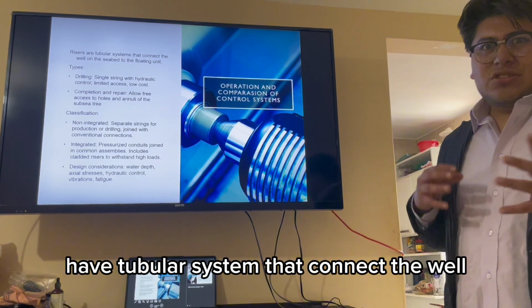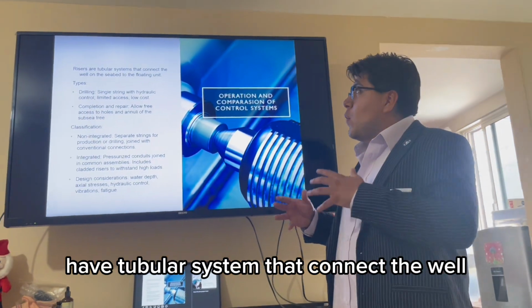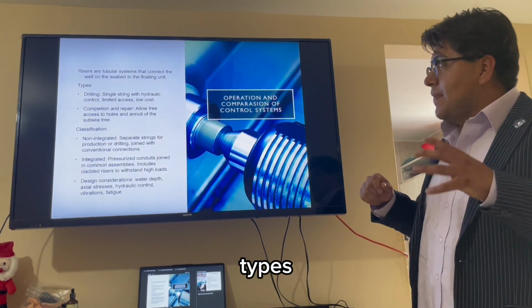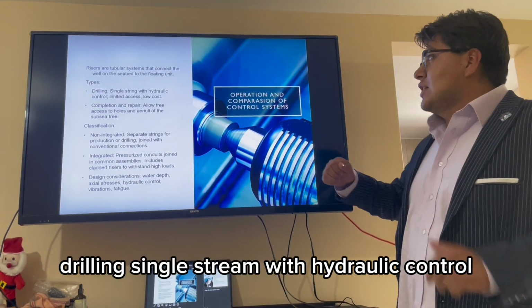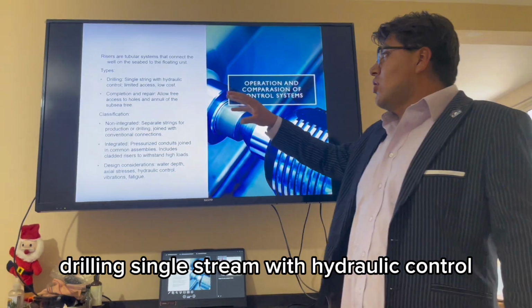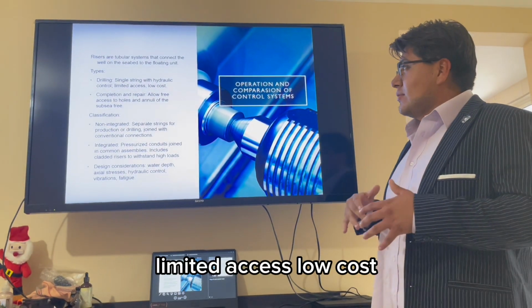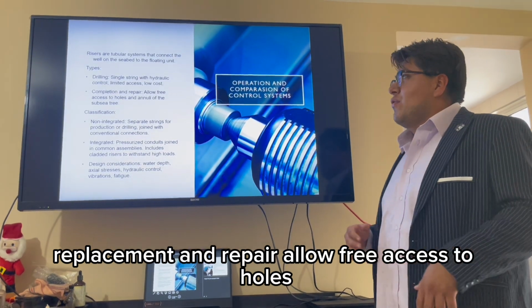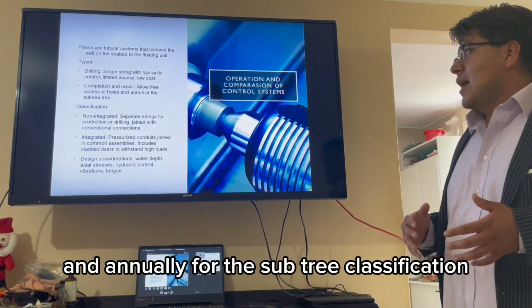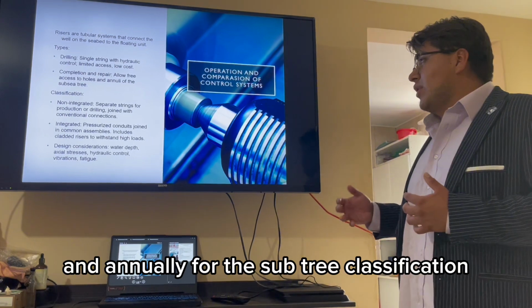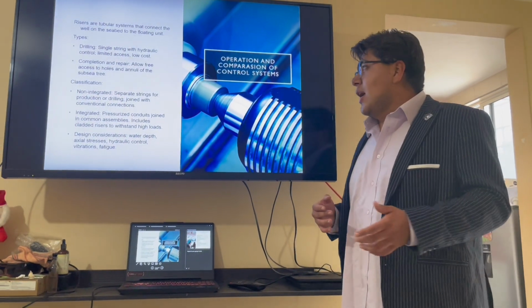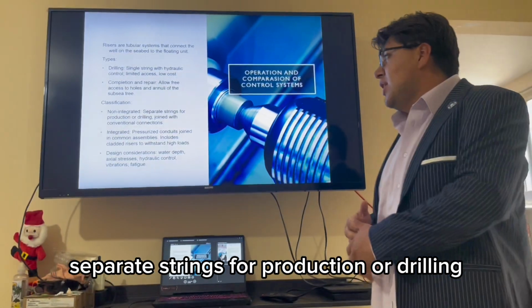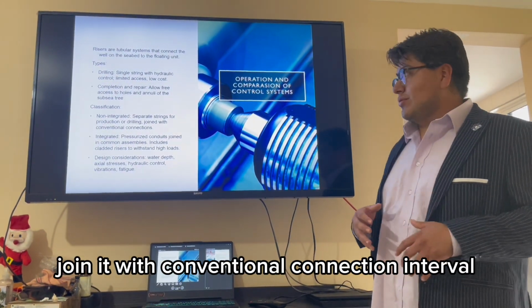Risers are tubular systems that connect the well on the seabed to the floating units. Types: drilling, single stream with hydraulic control, limited access, low cost. Completion and repair allow free access to both the tubing and annulus for the subsea tree. Classification: non-integral, separate strings for production and drilling, joined with conventional connections.